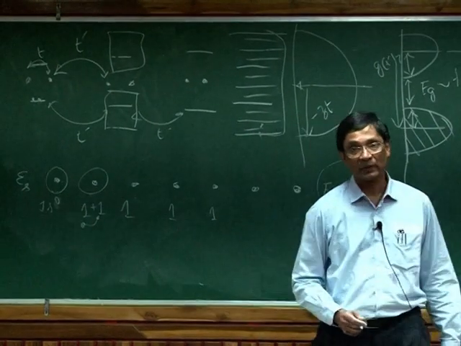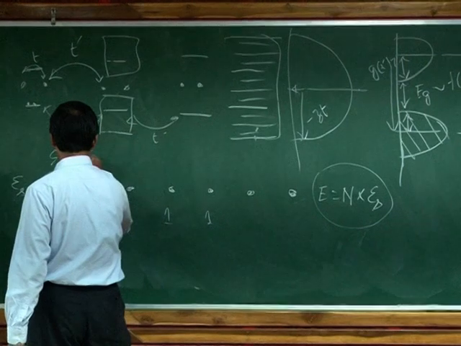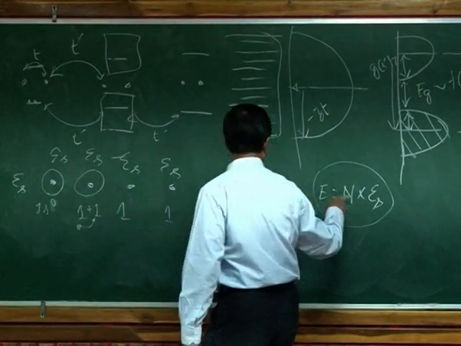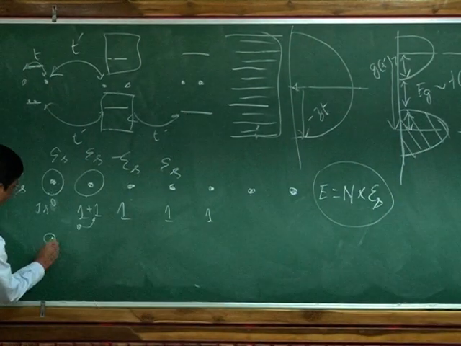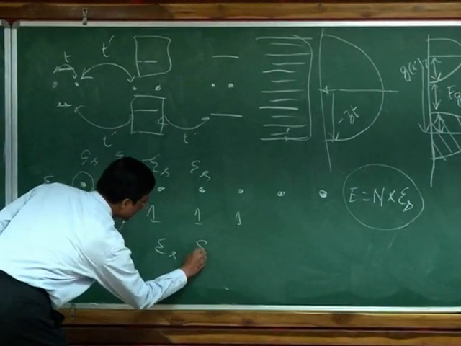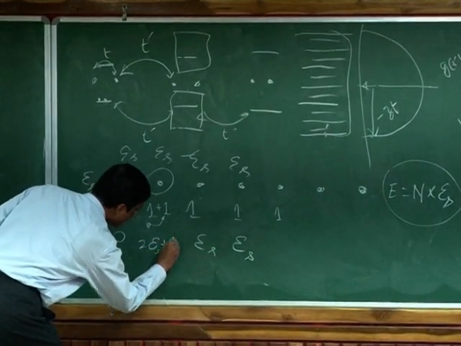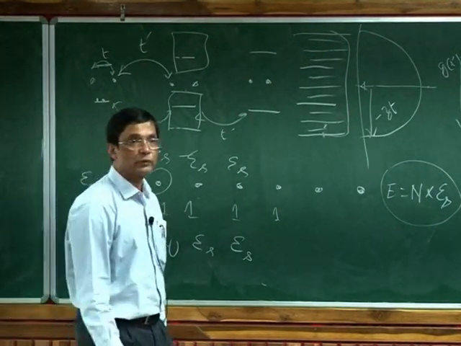Whereas earlier everything was epsilon s, and that gave me n into epsilon s, now what I have is, this is 0, these are all epsilon s, this is twice epsilon s, but plus an energy which is equivalent to the energy with which the two electrons are repelling each other.